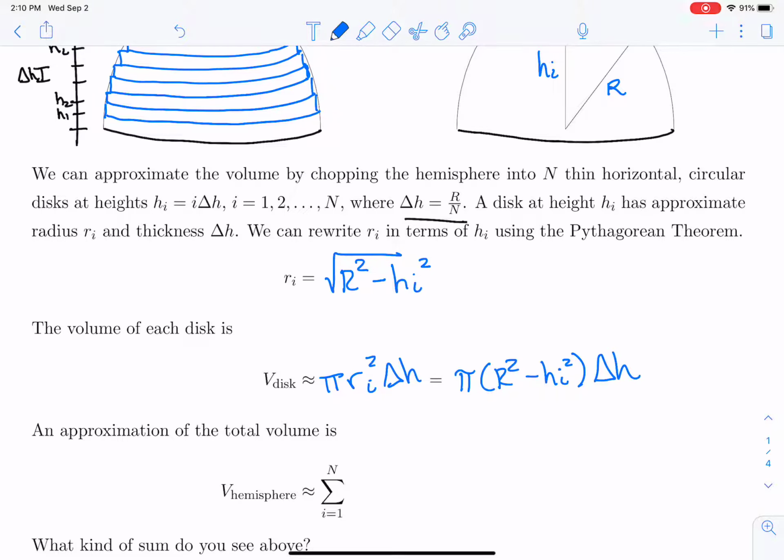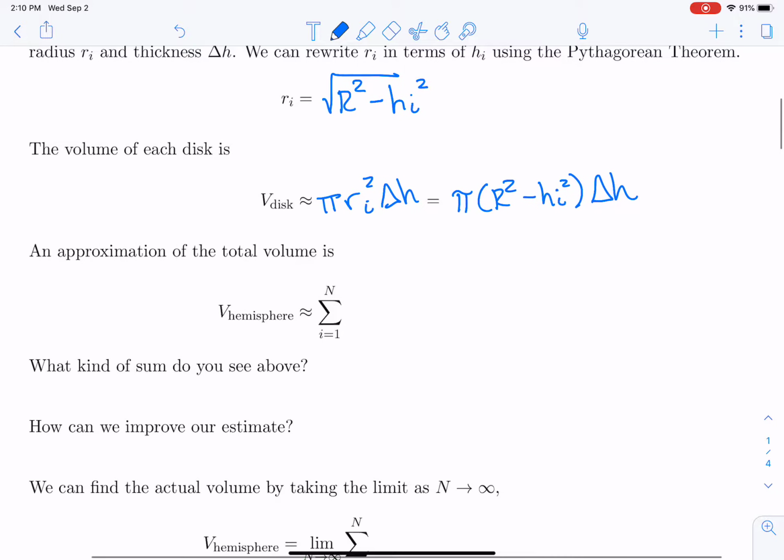And so now I have the volume of each one of these disks in terms of the height of that disk. So the total approximation of the volume of the hemisphere is going to be the sum from i equals 1 to n of the volumes of the disks.